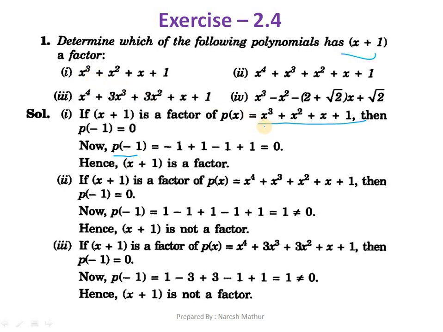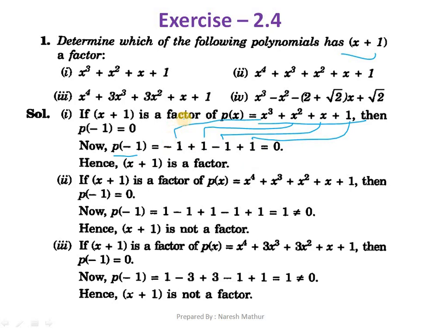So it will be minus 1 cube plus minus 1 square plus minus 1 plus 1. The cube of minus 1 will be minus 1. Minus 1 square is always positive 1. In the place of x it would be minus 1, and 1 is same.